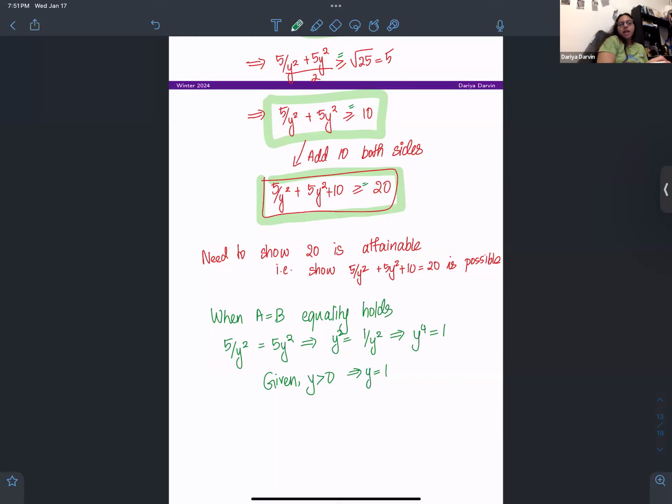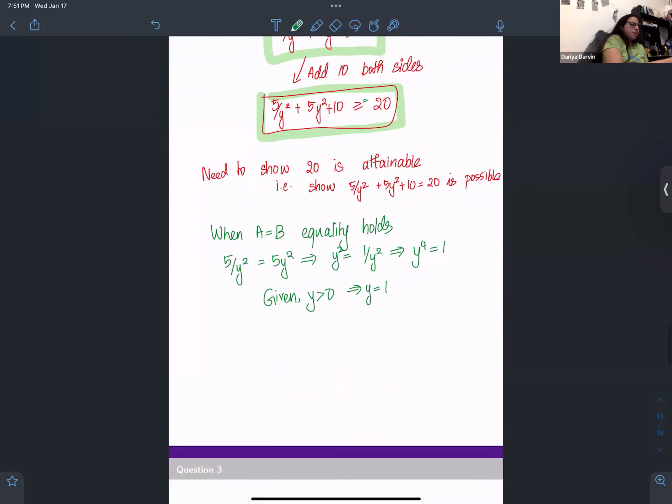So by AGM, when equality holds, i.e. A equals B, when we solve, we get y equals 1. This should be attainable and we can check. So when y equals 1, 5 by y square plus 5y square plus 10 becomes 5 plus 5 plus 10, which is 20. So this means 20 is the actual minimum.